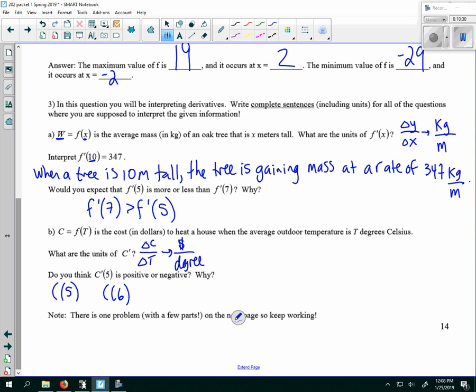So the cost when the temperature outside is 5 degrees compared to the cost when the temperature outside is 6 degrees. So the cost for 6 degrees should be less than that of the cost for 5 degrees. When the temperature is warmer, it should cost less to heat your home. So that means that the cost function is decreasing. From 5 to 6, the cost goes down. So if the cost function is decreasing, that means that the derivative of the cost function should be negative.